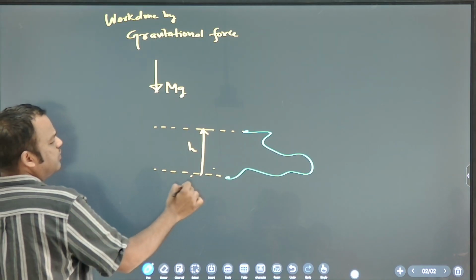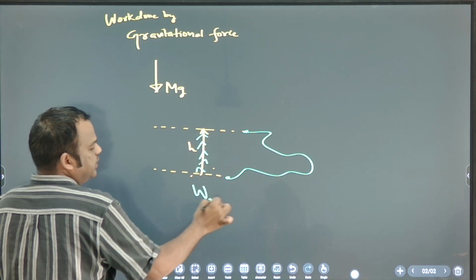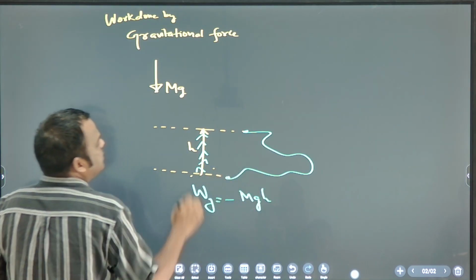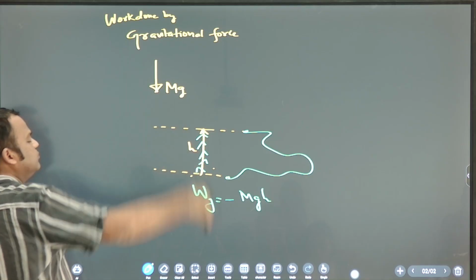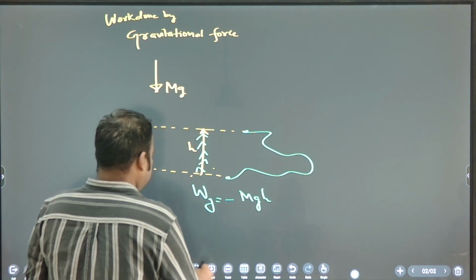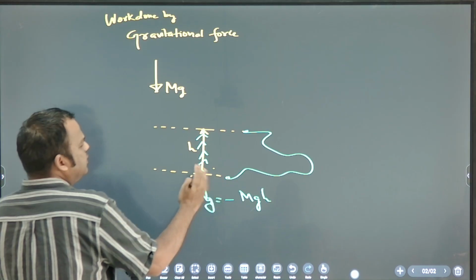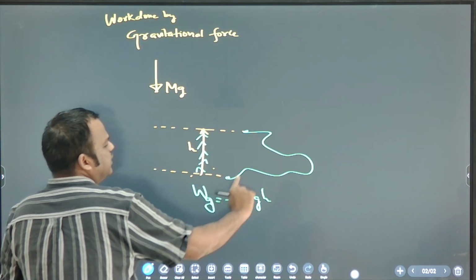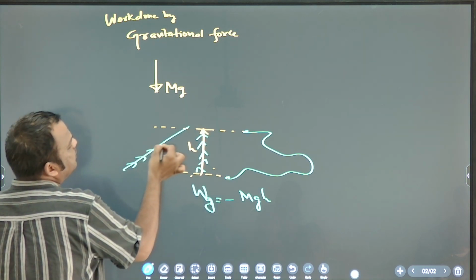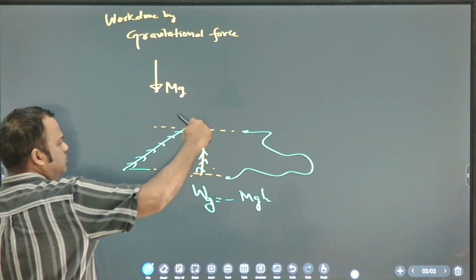So what is the work done by gravity in this case? Minus mgh. What is the direction of force? Downward, and displacement upward. Correct. So work done by gravity is minus mgh. The path can be a straight line, a random path, or inclined like this. Vertically you see only, how much?